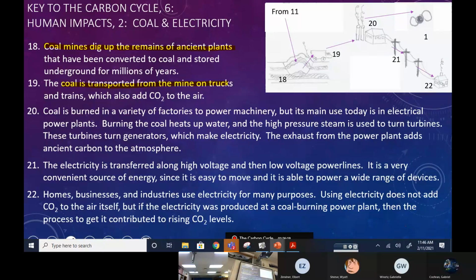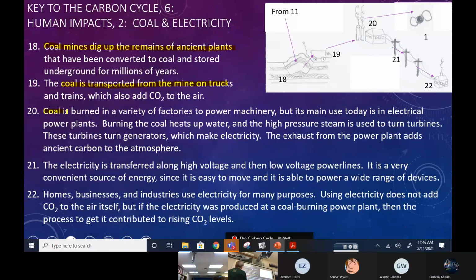So often when they build a new power plant somewhere, they'll even build a new train track that goes to the power plant. And they might have 20 carloads of coal that come to them every day. That's how much coal they burn every day, 20 train carloads of coal every day to give us the electricity we need.